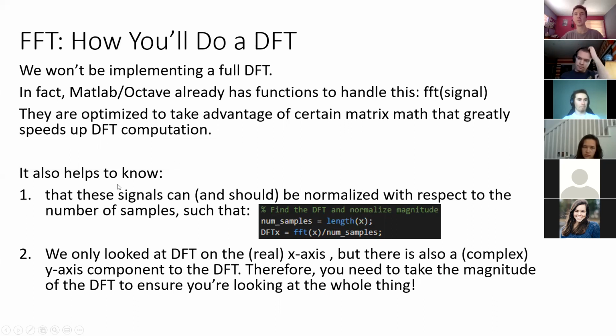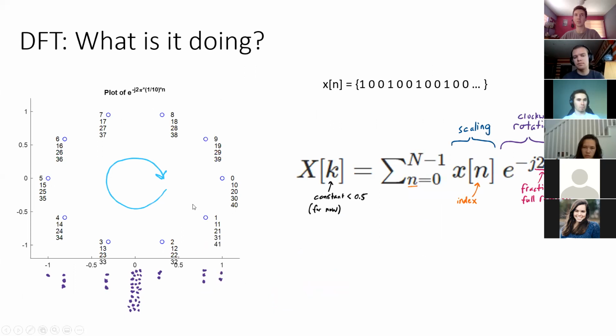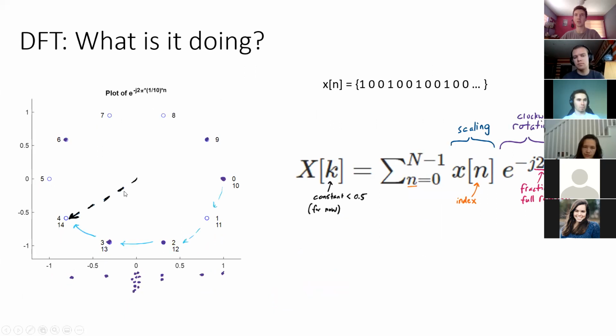And so, yeah, two things. One, the signals can and should be normalized with respect to the number of samples. Every time that we're hitting this with a rotational term, this is how I think about it, we're multiplying that magnitude, the overall summation.